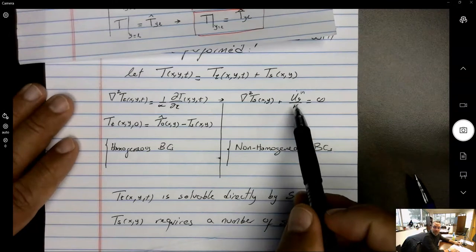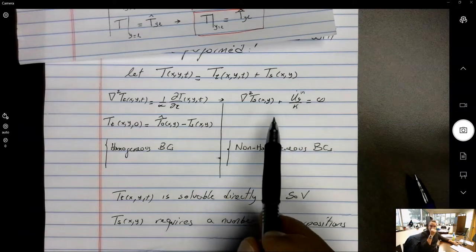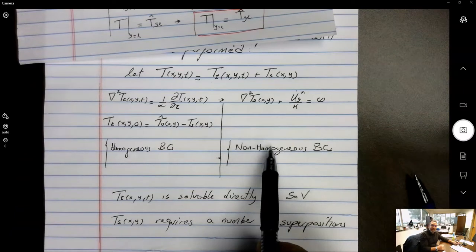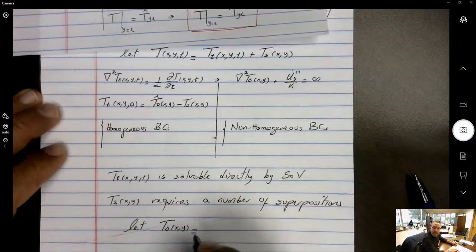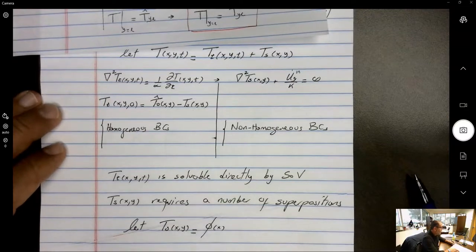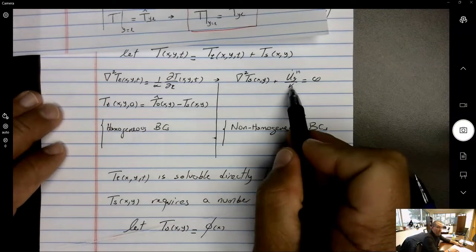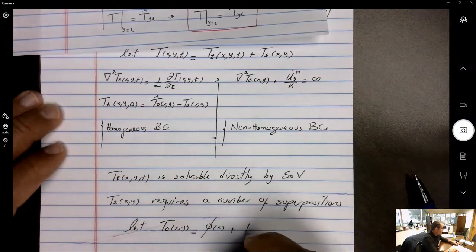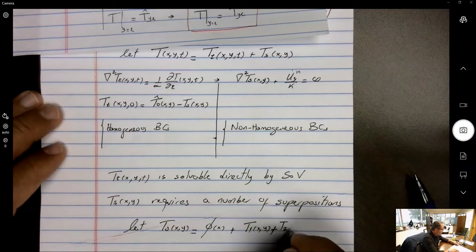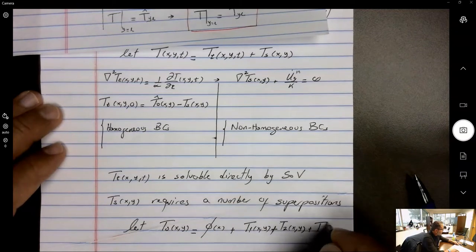Because we can only apply separation of variables if the governing equation is homogeneous and if all but one boundary condition are homogeneous. So basically, we're going to have to let T_s of x and y be equal to some phi of x, which is the portion of the solution that is going to address the non-homogeneity on the governing equation. We've done that before when we have a non-homogeneous equation like that, plus a T1 of x and y, plus a T2 of x and y, plus a T3 of x and y.